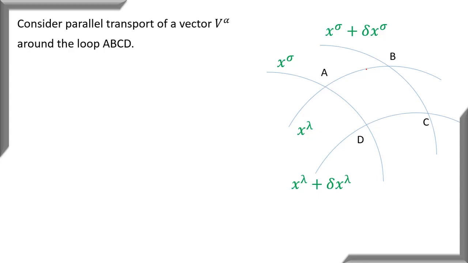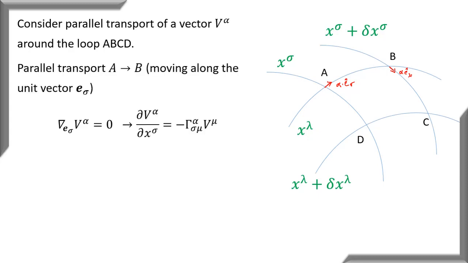Now when I move from A to B, actually I am moving in a direction of increasing sigma, or I can say that my motion is a scalar multiple of anything that is in the direction of the unit vector along E sigma. Similarly, when I am moving from B to C, it is in the increasing direction of lambda, that is along the unit vector of lambda.